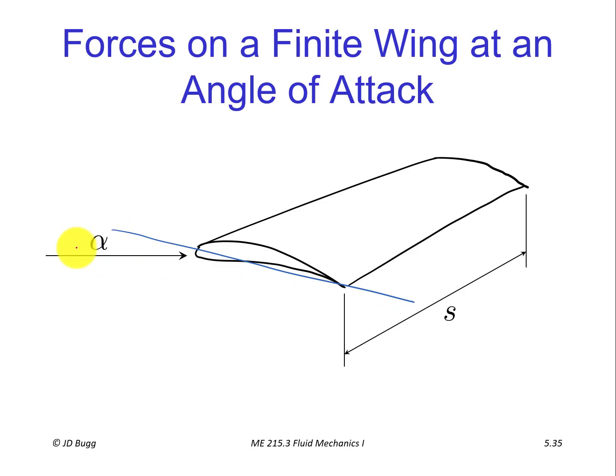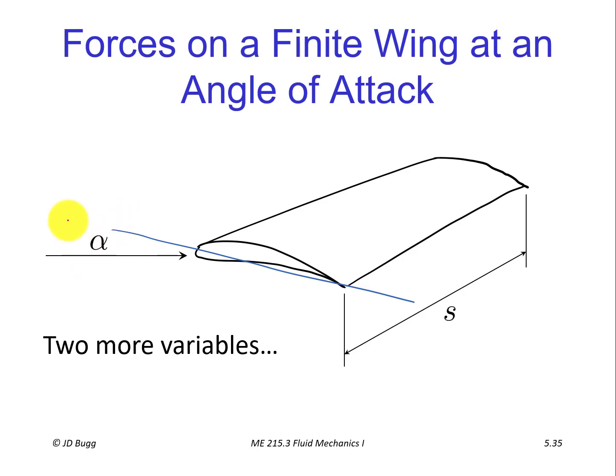So notice we're going to do a very similar analysis to what we did before, only we're adding two more variables. And these are independent variables we're adding, because we want to know how does the drag force on this object depend on the density, the velocity of the free stream, the dynamic viscosity, the chord length, and now adding to that list also the span S and the angle of attack alpha.